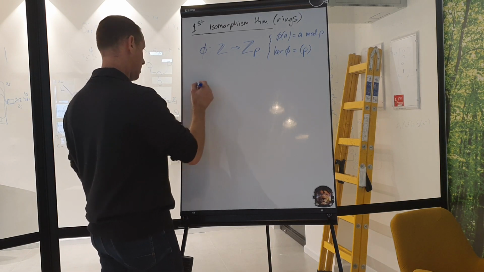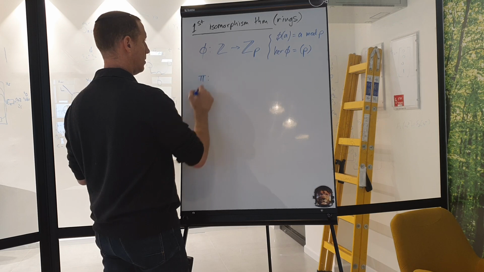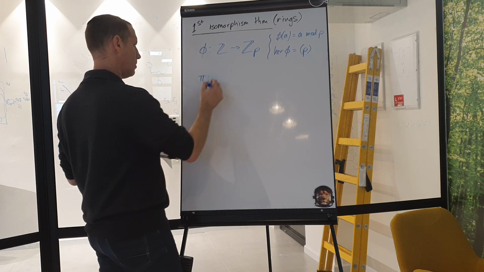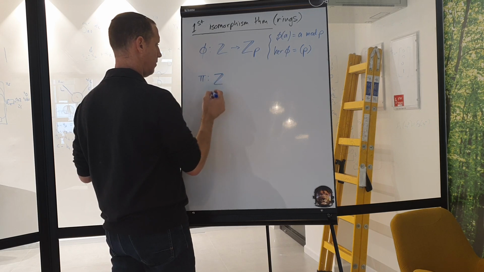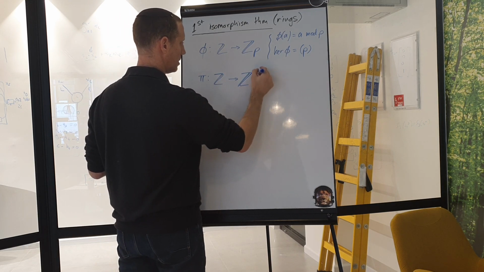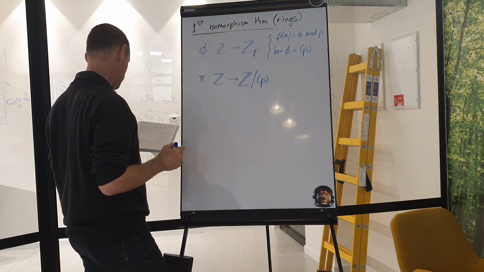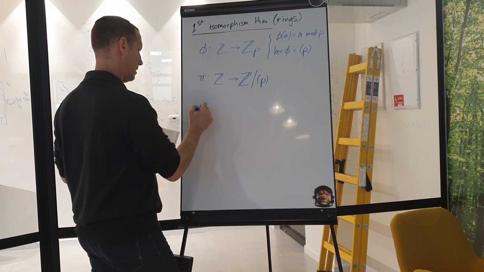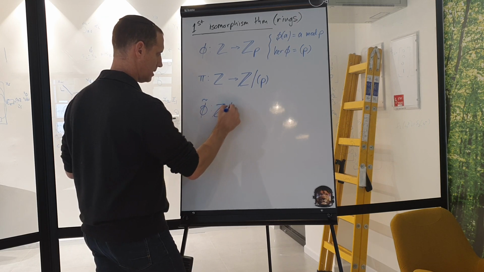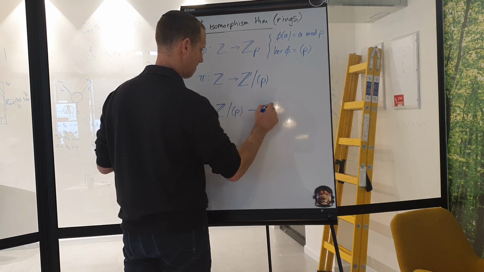And then, right, what we can do is the following. We can show that, right, if we take Z and we map it to, or we project it to Z over P, over the kernel, right, then there is an isomorphism from Z over P to Zp.